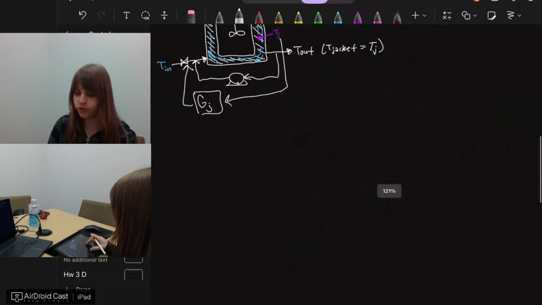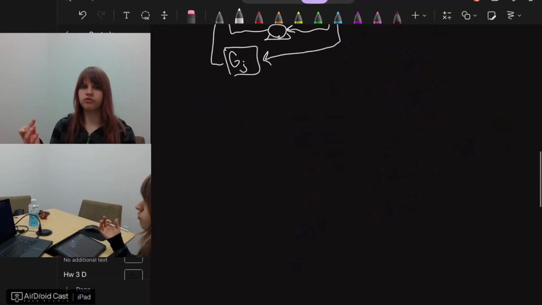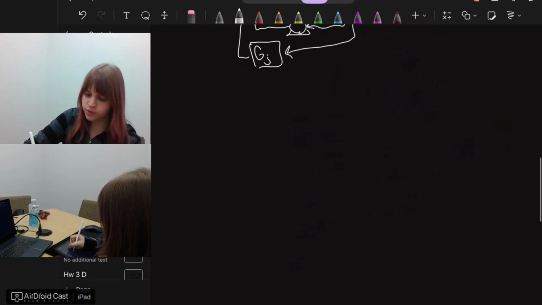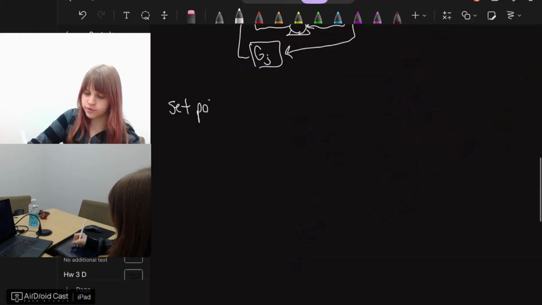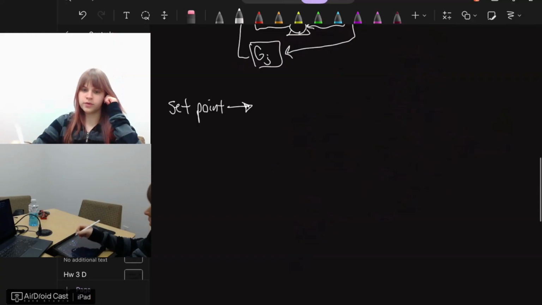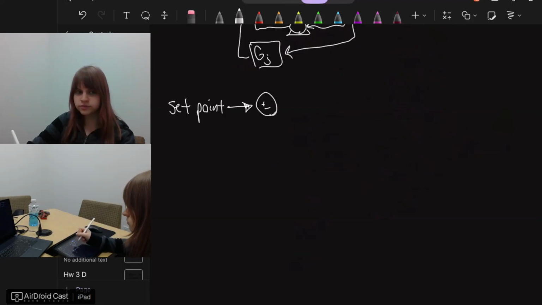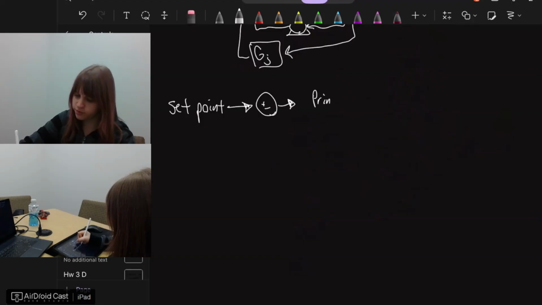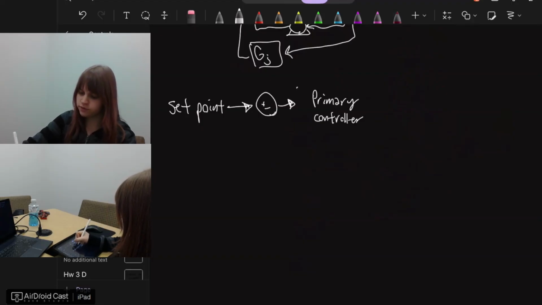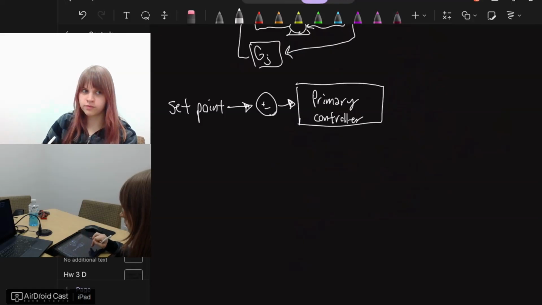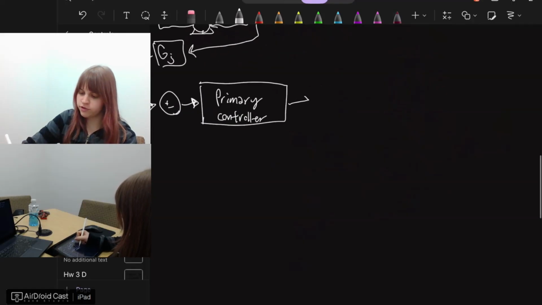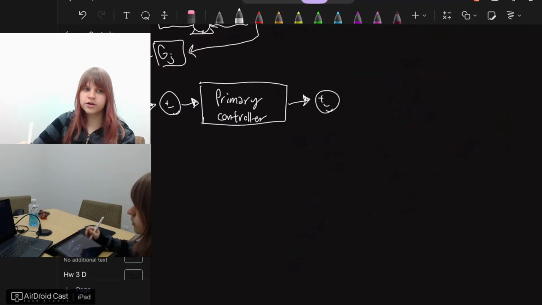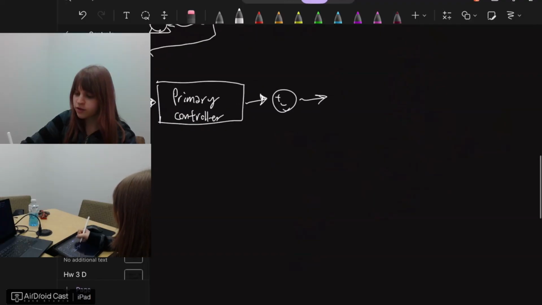That's kind of what we're looking at, but I want to show what this looks like with cascade control. Basically, you would have a set point going in to the system. You would have a comparator. You would have your primary controller or the master controller. That also goes to a comparator into the secondary controller.